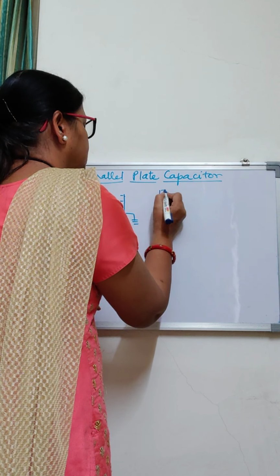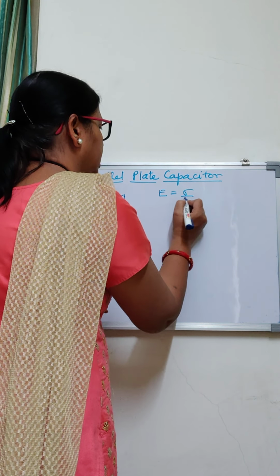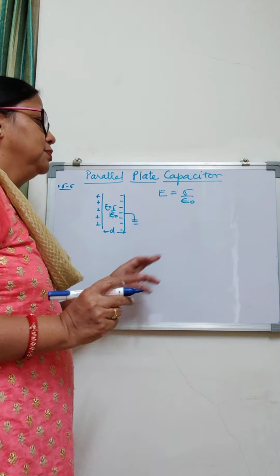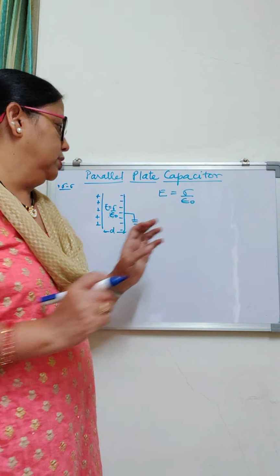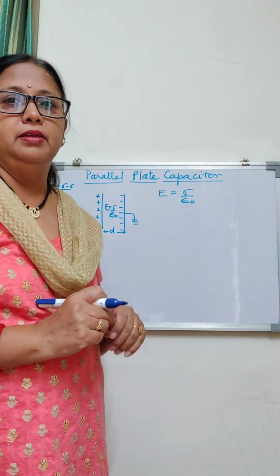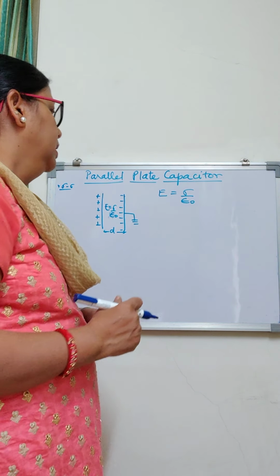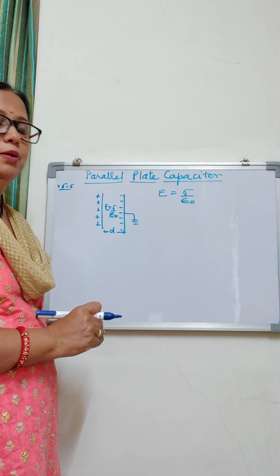Epsilon naught is taken here because there is no medium inside the plates of the capacitor, and d is the distance between the plates.